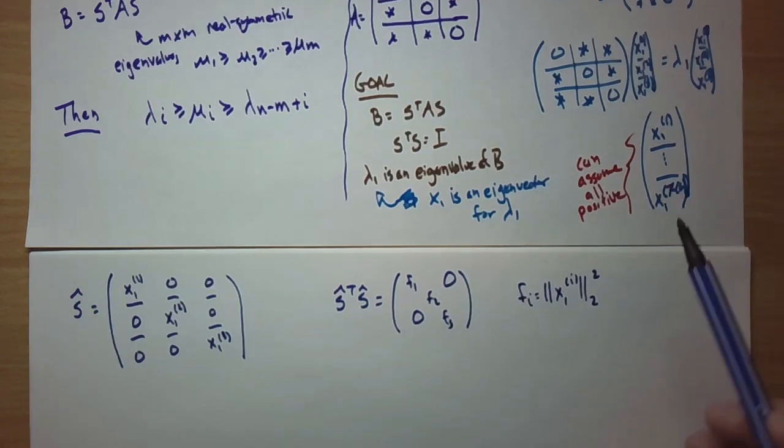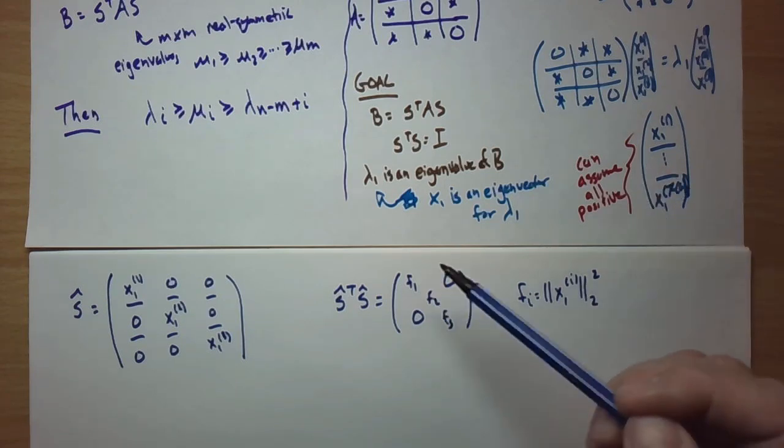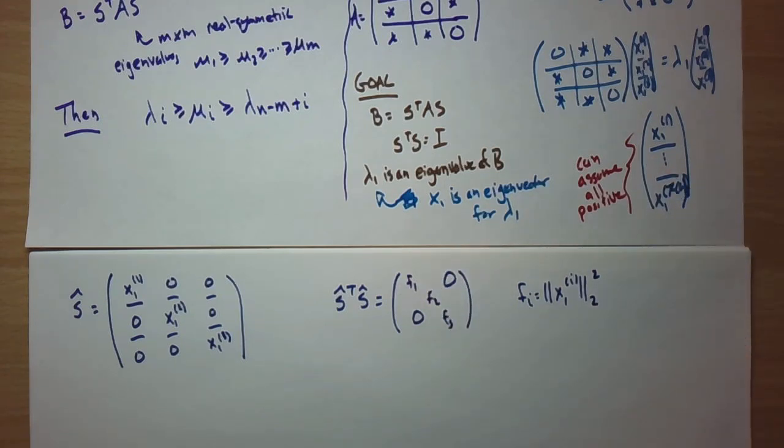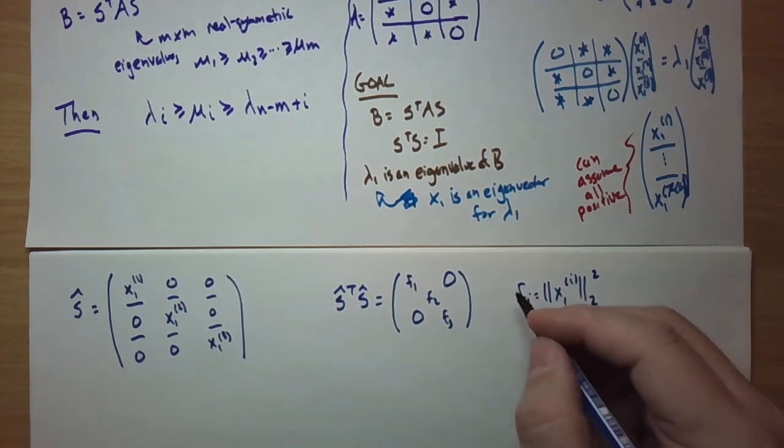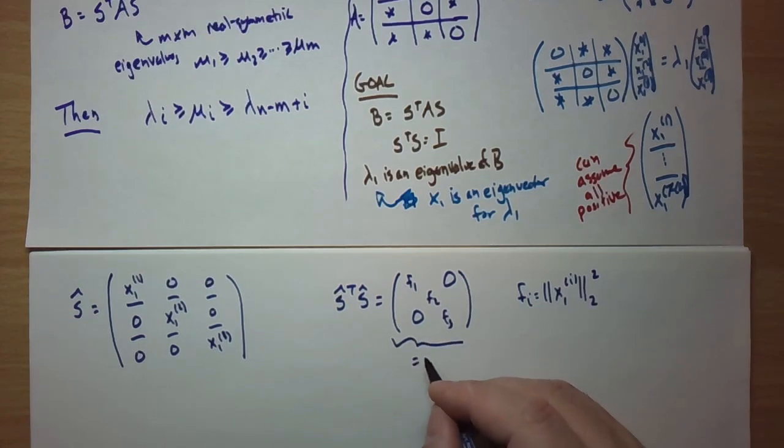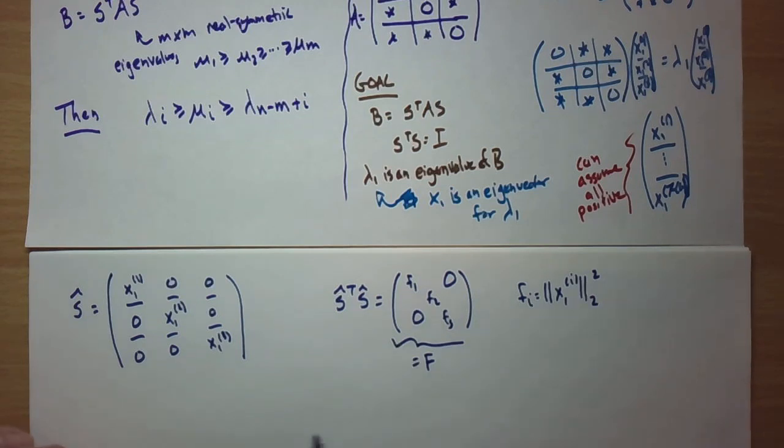But because we know that these entries are all positive, these numbers are all positive. So let's give this matrix here a name. We'll call it capital F. And we'll let our matrix S be equal to S hat times F to the minus a half. Much like we've talked about degree to the minus a half.